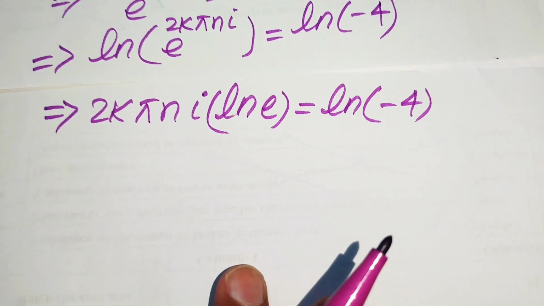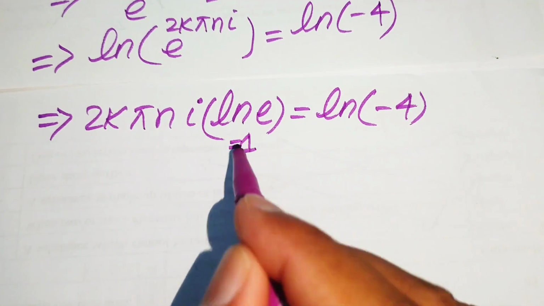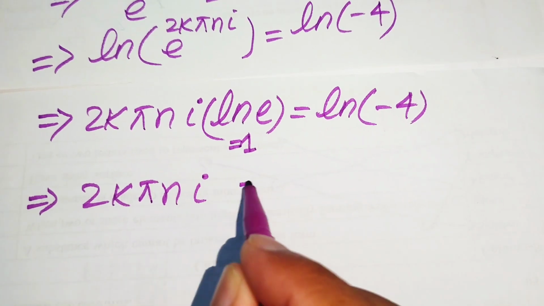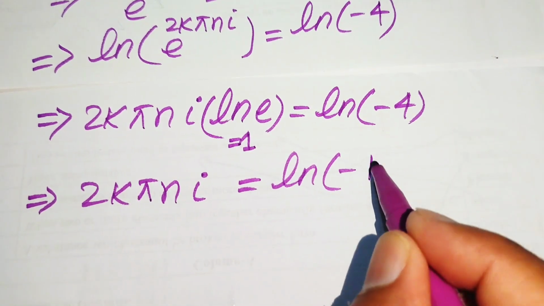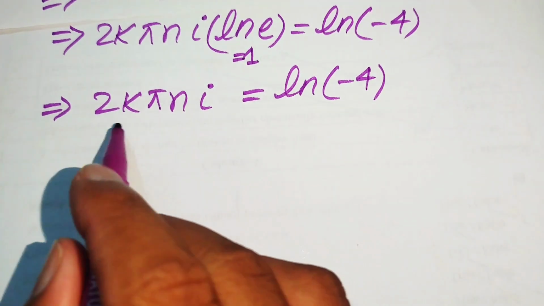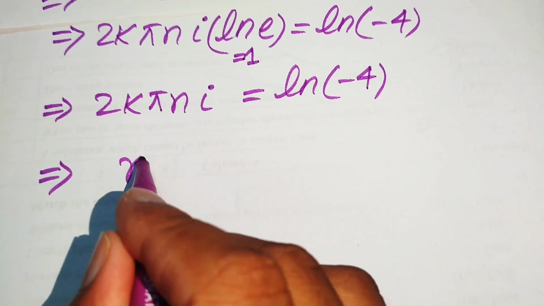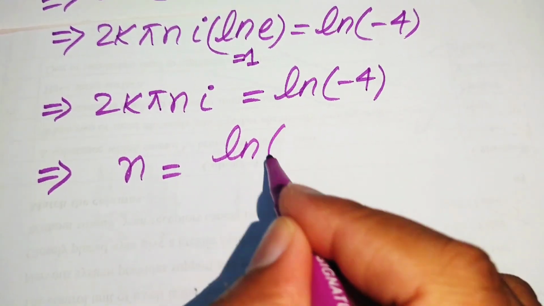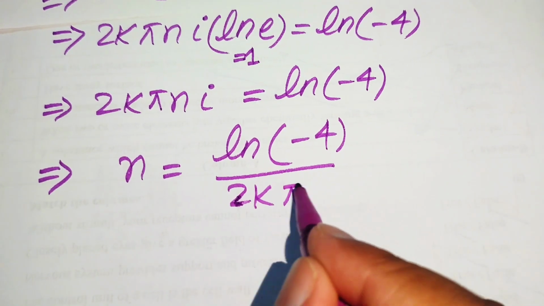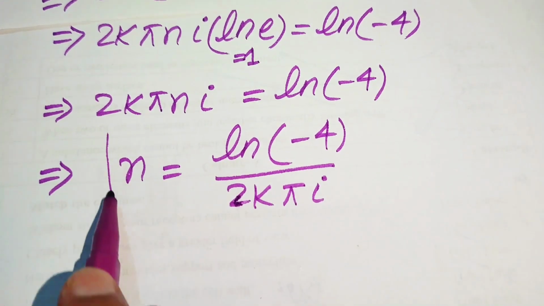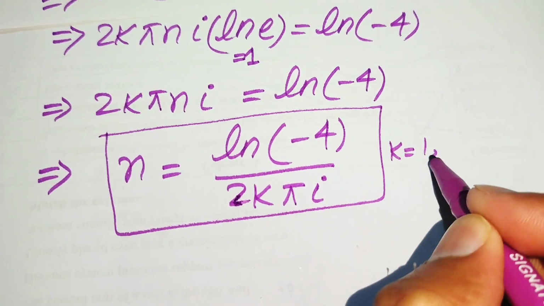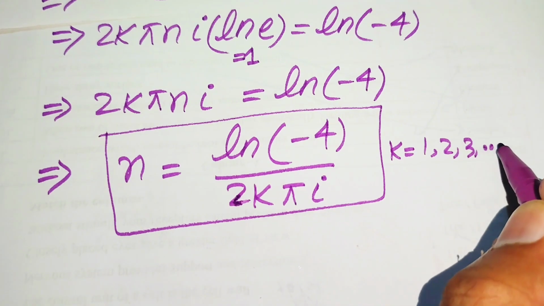And here we know that the value of log e is equal to 1. It means that we have 2k pi n iota is equal to log of minus 4. And now because we want to find the value of n, we move all the other terms to the right hand side and you finally get the value of n equals log of minus 4 divided by 2k pi iota. So these are the complex roots of the given equation for k equals 1, 2, 3 and so on.